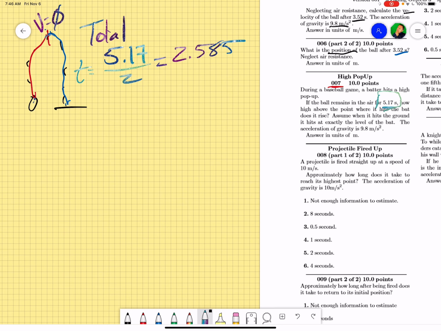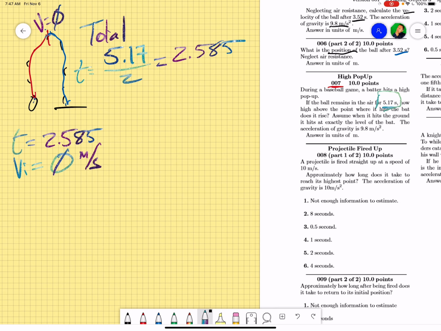All right, now, what else do we need to look at? So let's list our givens now. Time is going to be 2.585. We're looking at distance, and I think it's easier to look at the trip falling down. So I'm going to say my initial velocity, which is what's at the top, at the peak, is 0.